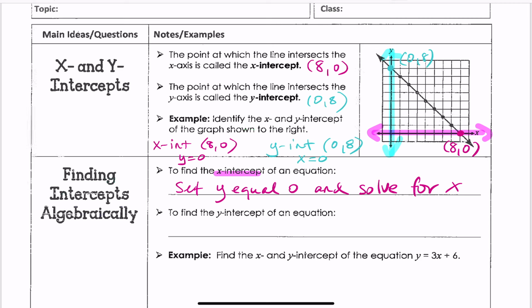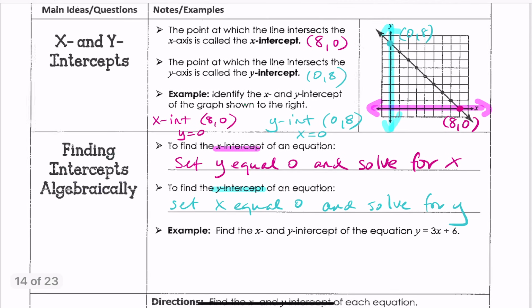The exact opposite happens for the y-intercept: you set x equal to 0 and solve for y. So they're kind of opposite. To find the y-intercept, you set x equal to 0. To find the x-intercept, you set y equal to 0.